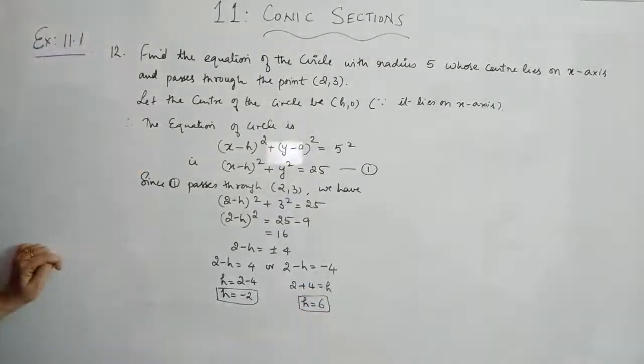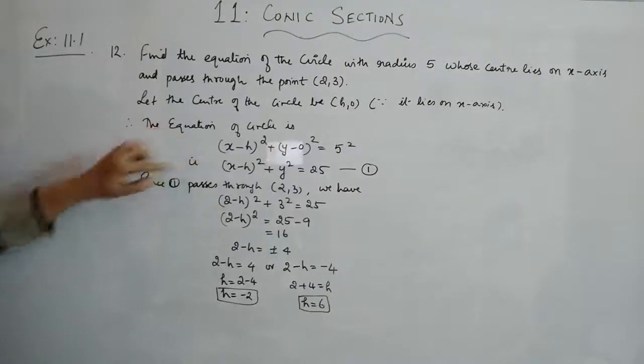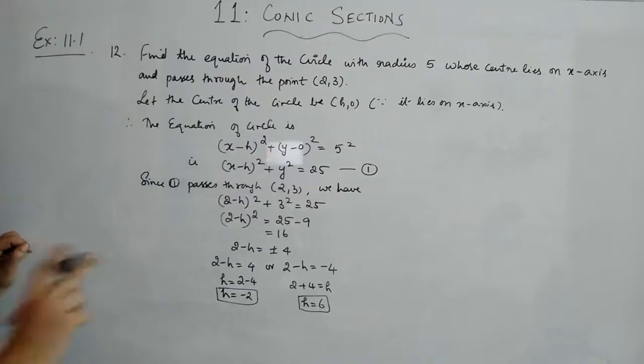So h can be either minus 2 or 6, and accordingly we will get two equations of the circle. Now we will just replace.